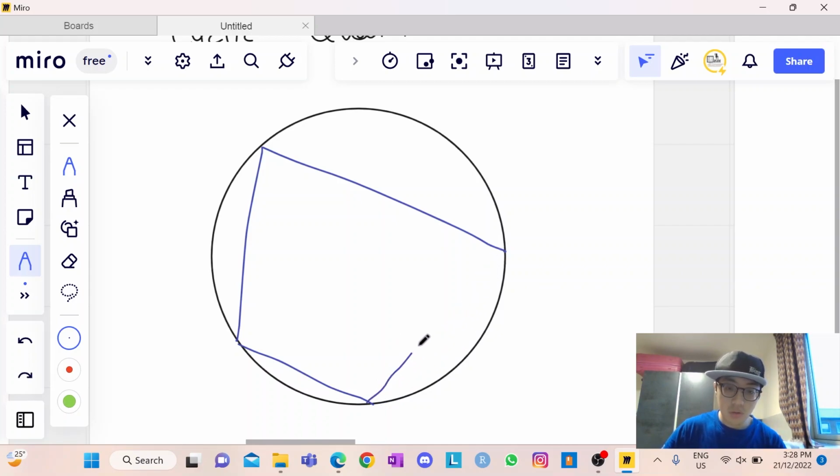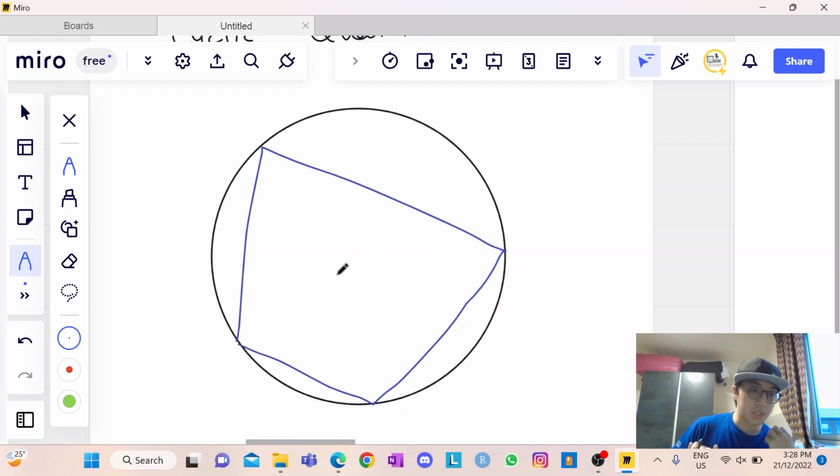Oh no, it's so hard to draw a straight line here. One last try. Okay. So this is a typical cyclic quadrilateral that you will see, where this is a quadrilateral and all the corners here are touching the circumference of the circle.